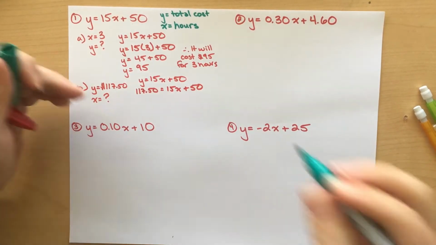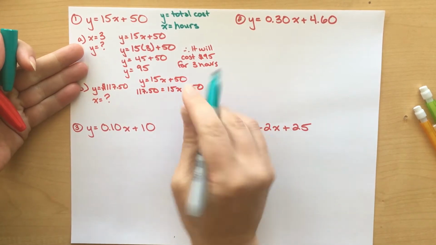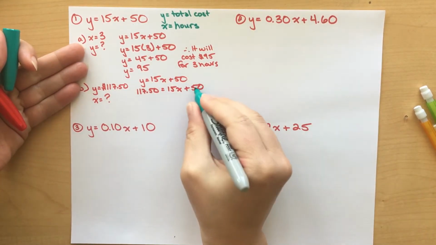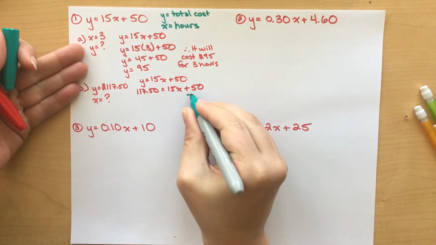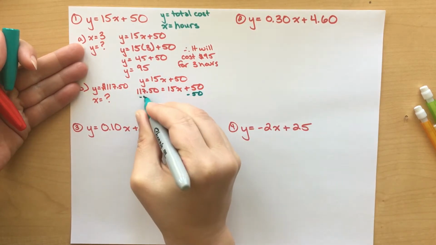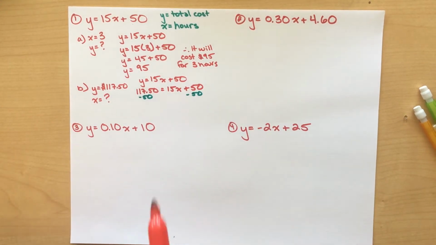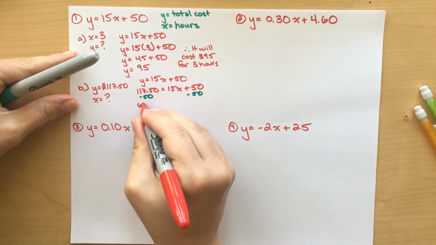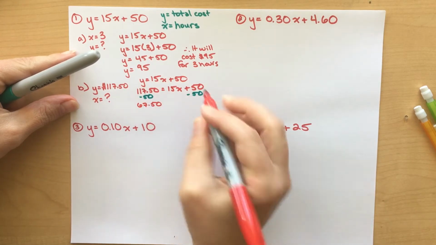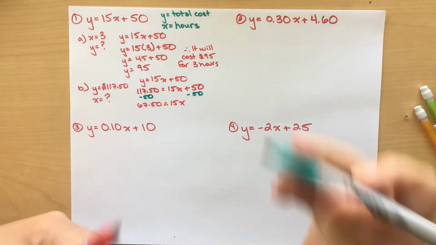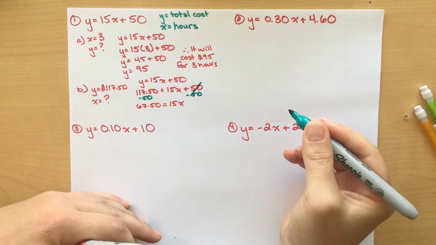Now, remembering back to what we learned in algebra, we want to isolate that variable. We use the balance method, we bring everything else away from it. So if I want to get rid of that plus 50, I do the inverse operation, which is subtract 50. 117.50 subtract 50 will be $67.50. All that I have left over then is that 15x, because these have now canceled each other out.